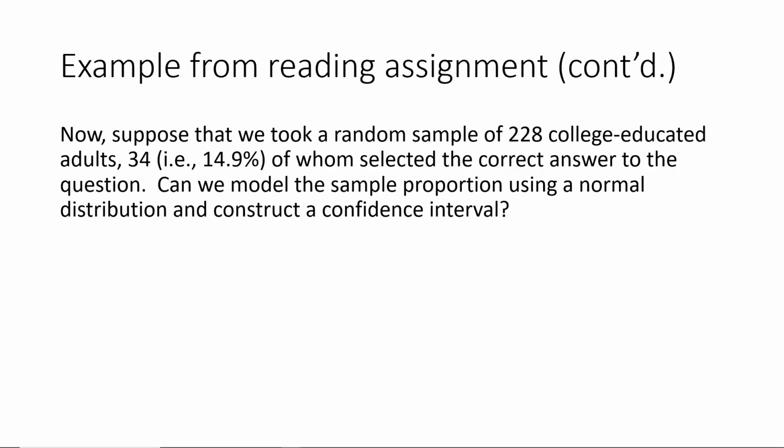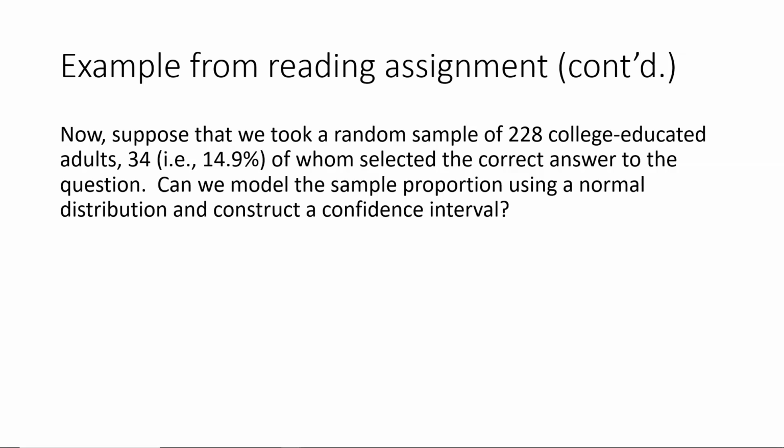In proceeding with the hypothesis test using confidence intervals, for step 2, we have to see whether we can model the sample proportion using a normal distribution and construct a confidence interval. That means checking 2 conditions: the independence condition, which in this case is immediately met because we took a random sample, and secondly, the number of successes, which was 34 that selected the correct answer, and the number of failures, which would be 228 minus 34, or 194 people.